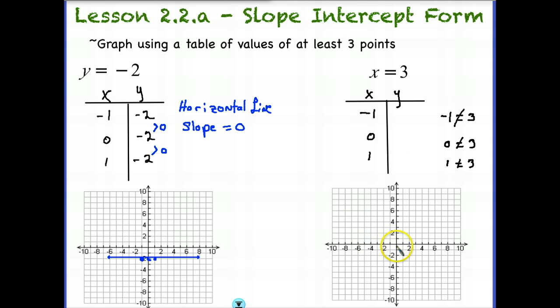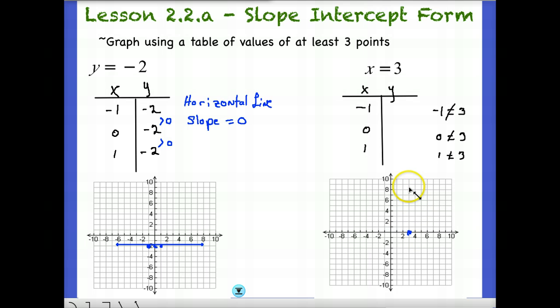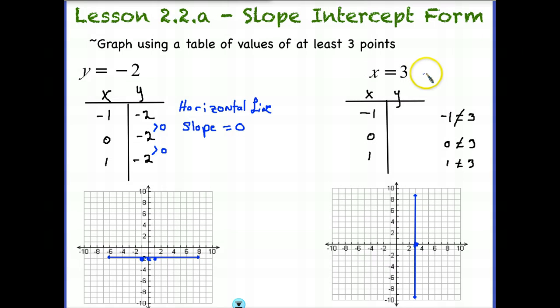If I plot this, if I go to where x equals 3, that's right here, and I draw a line through it, this is a vertical line. Okay, so anytime you have an x equals, you know you're going to have a vertical line.